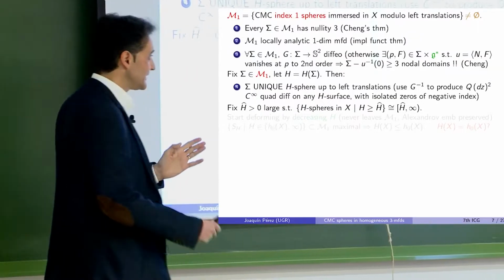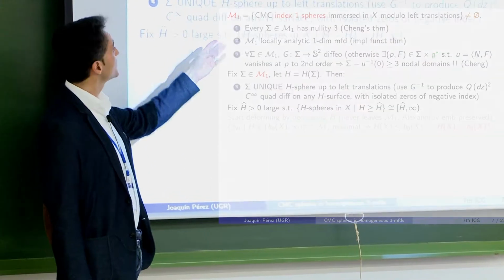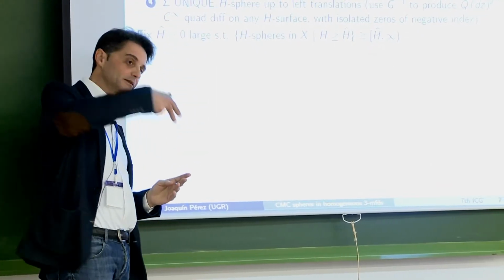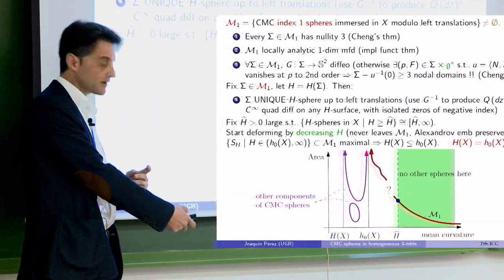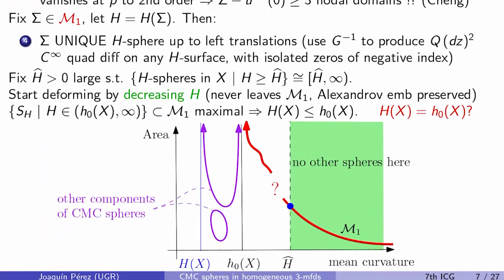And what I'm going to do is to start deforming the value of the mean curvature by using the implicit function theorem, but decreasing the value of the mean curvature. Okay? So I start deforming. So that means that I have started here. From this point on, M1 is just an interval. Okay? And I start deforming by using the implicit function theorem till I cannot deform anymore.